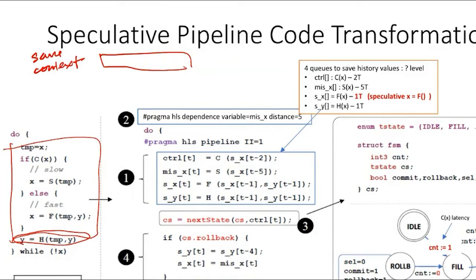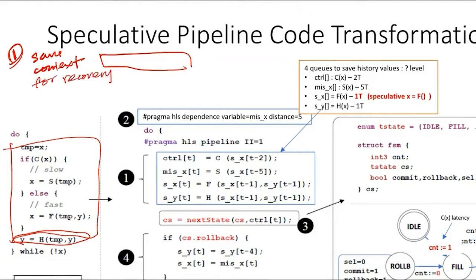So when you recover, you have to recover the context from before. All the context you have to save. The one important thing is that you have to save the context, and that's for recovery.